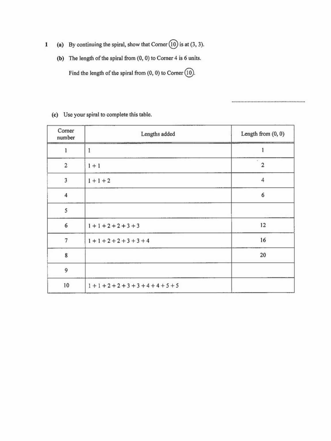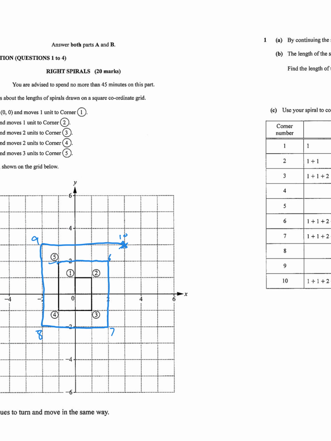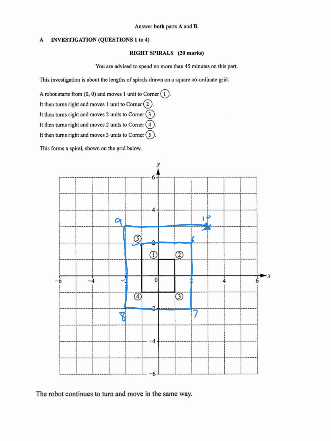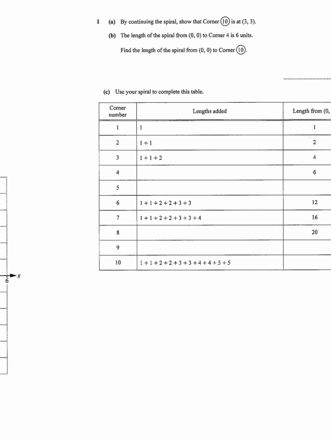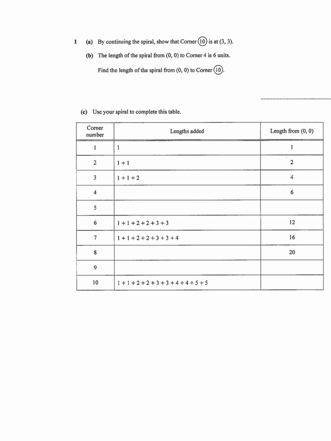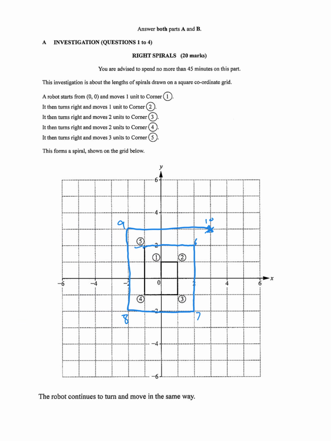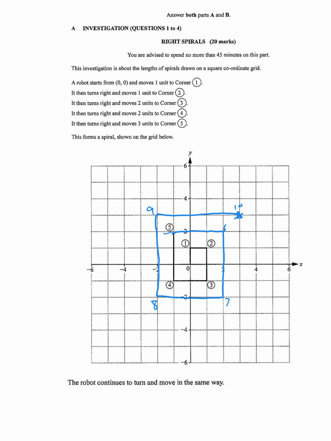The length of the spiral from 0, 0 to corner 4 is 6 units. Okay, so let's just read what it said there. It said the length of the spiral from 0, 0 to corner 4, 1, 2, 3, 4, 5, 6. And it's asking us then to find the length of the spiral to corner 10. Gosh, right, let's count.